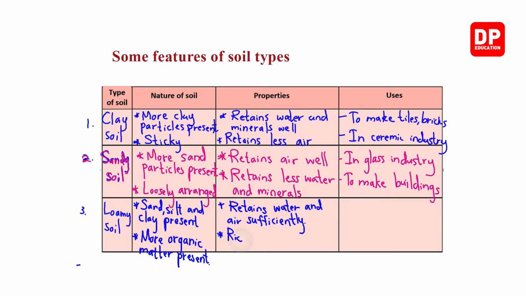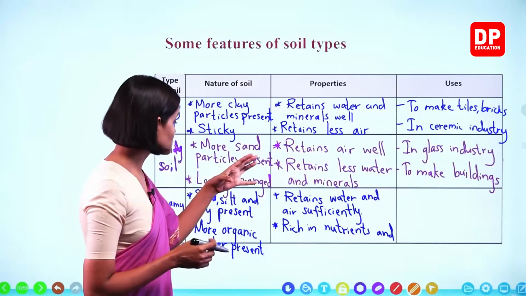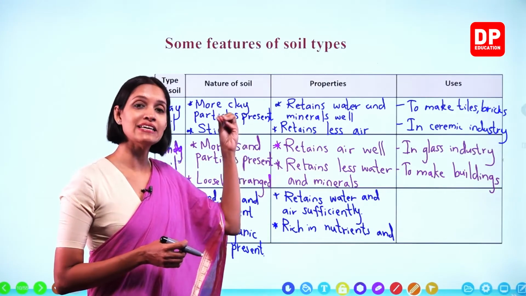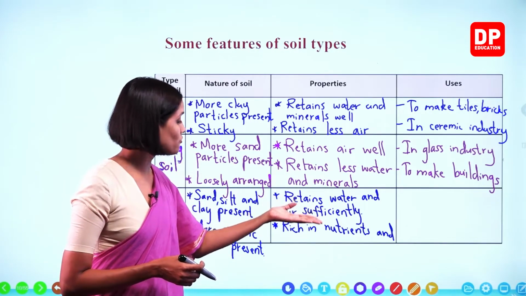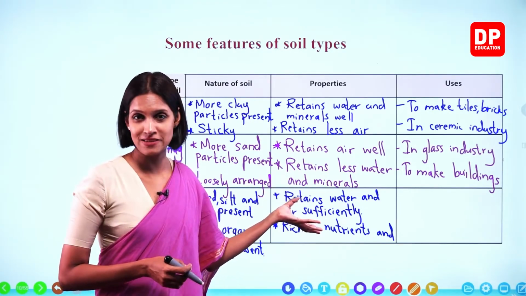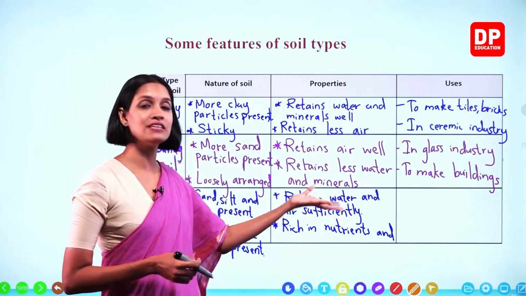Rich in nutrients and also soil organisms, a lot of organisms present. Right? Soil organisms are present in a soil where there is air and water both. Right? Therefore, this type of soil contains a lot of organisms, children, because they can nicely survive in these types of soils.